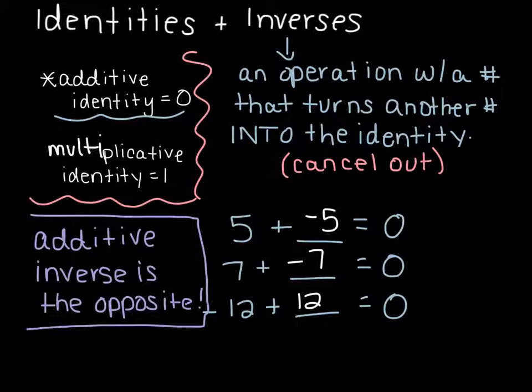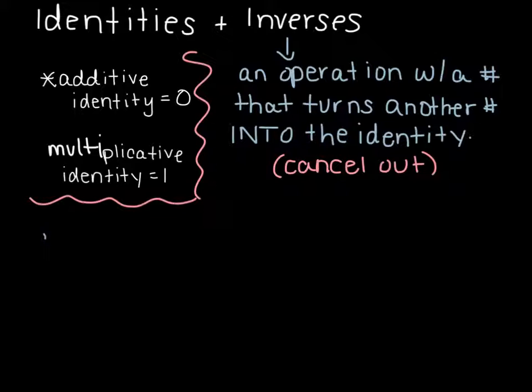All right, let's look at this same thing, but let's look at multiplication. So let's look at this same process with multiplication. Let's say I have the number 5, and I want to multiply by something. This time I want it to turn into this multiplicative identity, which is 1, because a 1 with multiplication doesn't change the value of anything.